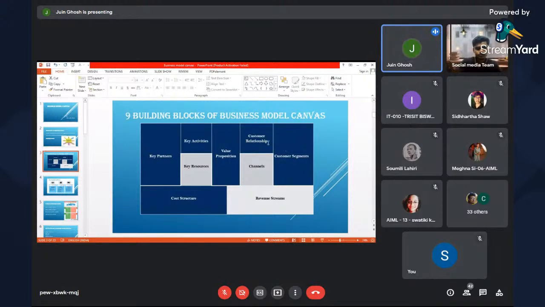Customer relationship nowadays plays a very important role, because in order to retain a loyal group of customers, if you are not in constant touch with them, your company cannot survive in the long run. Channels means through which medium you are dealing with the customers. The value proposition plays a very important role, and it is a part of the company's overall marketing strategy.